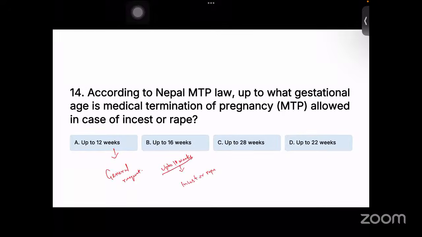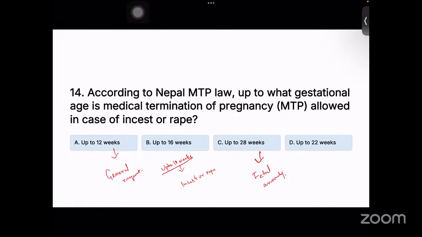Fetal anomaly goes up to 28 weeks, and any gestational age if the mother's health is at risk. Okay, hopefully the option might be somewhat incorrect. Hopefully we have corrections later. I hope it was okay.